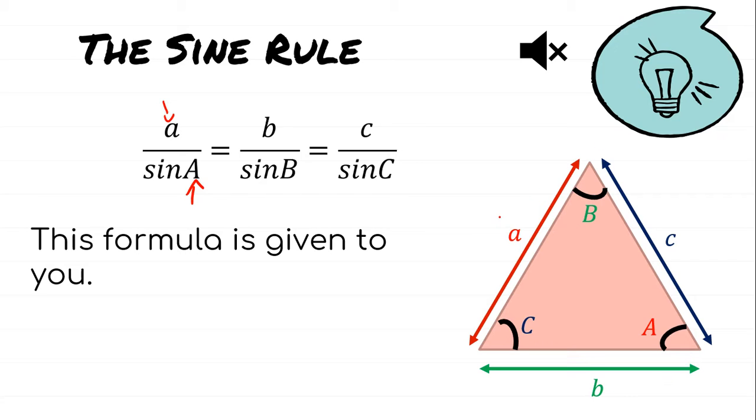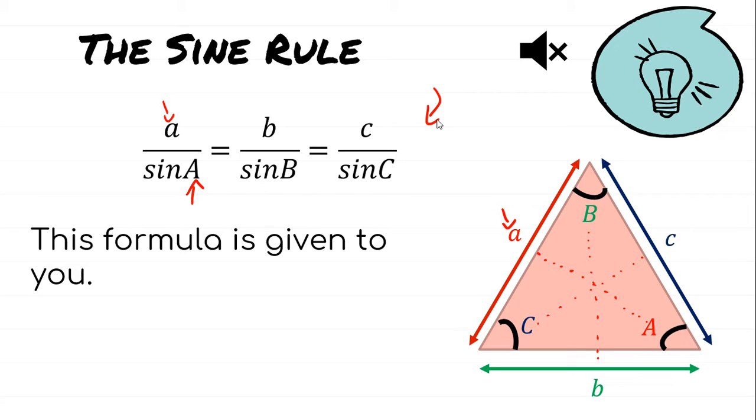So, for example, if that side here is side A, then the angle that is opposite it is called angle A. And again, we can do this with B. B is that angle that is opposite to this length here, the B side, and again, C is opposite to the C side. So that's just a little bit of notation. Understanding what that means will make this sine rule fairly easy for you to use and apply.